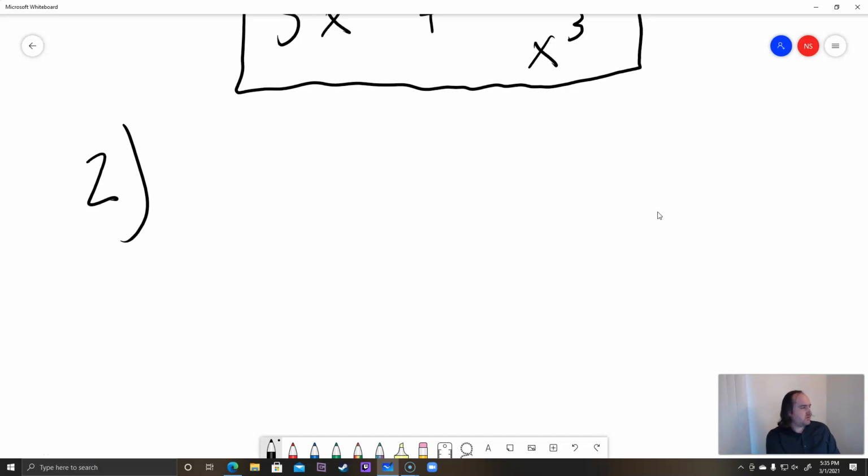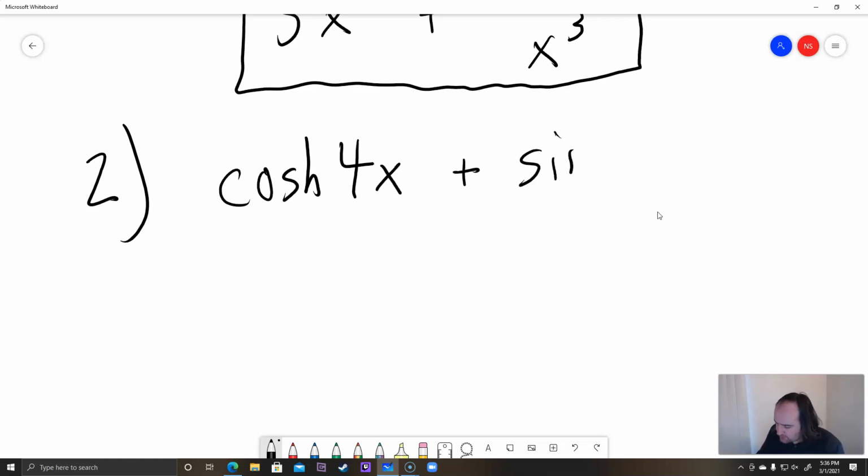It's kind of going to be the same approach that we used before. So for this one, we have cosh of 4x plus sinh of 4x. Okay, and we want to simplify this.